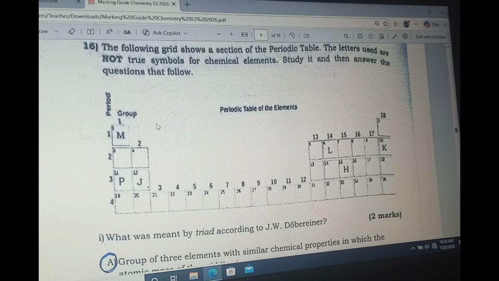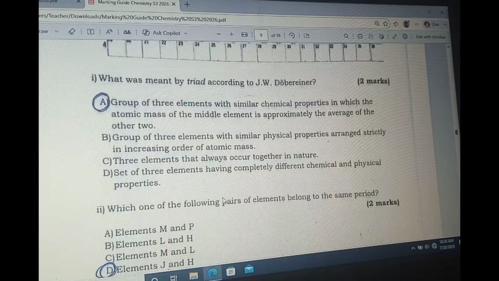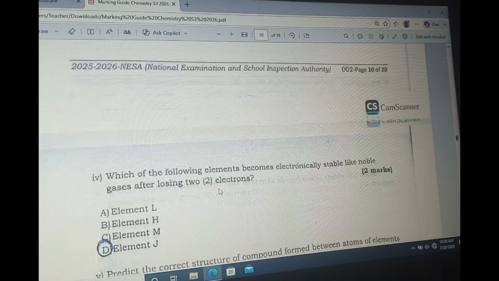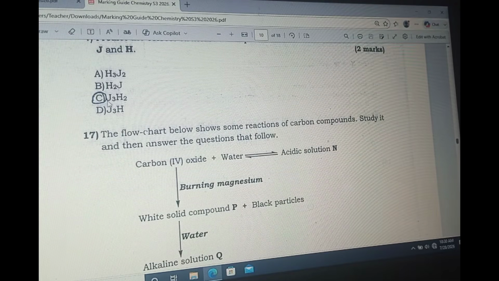See here, in the outermost shell we have 5 electrons. Of the 5 electrons, you have only 3 free electrons, which means this group has valency 3, and G has valency 2. Then cross over to get H2 and G3. You see, the best option is C.